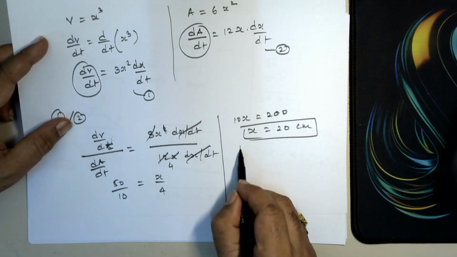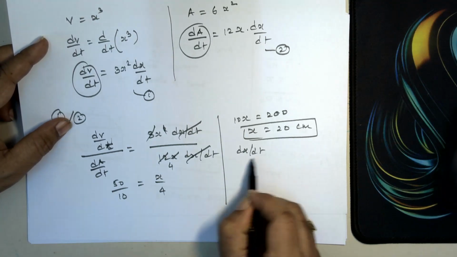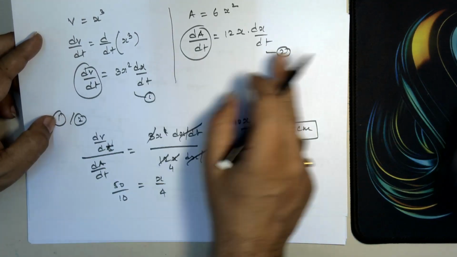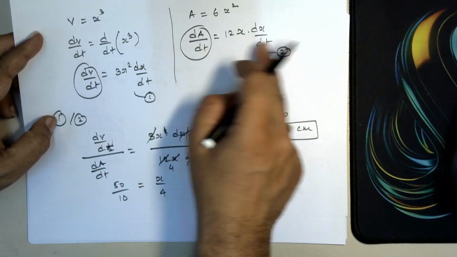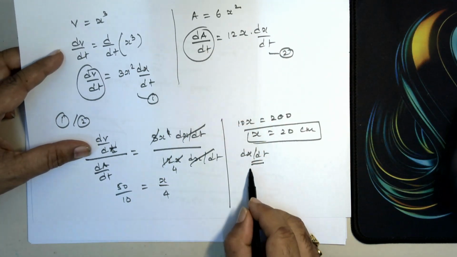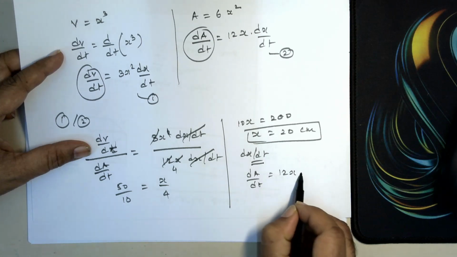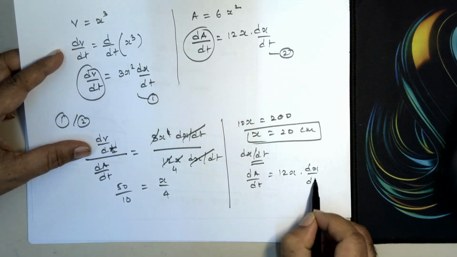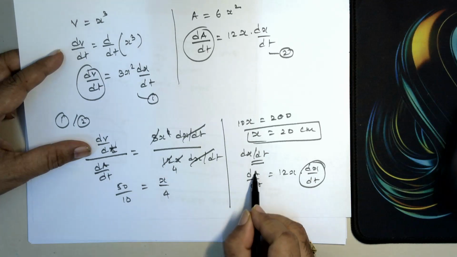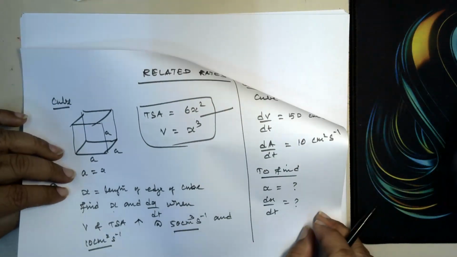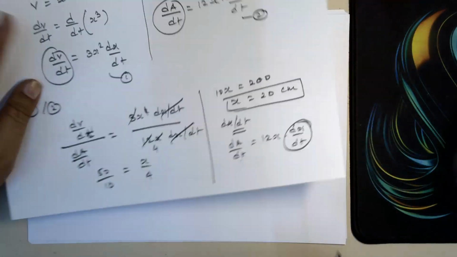Now we need to find out dx by dt. Okay, so you can put in any of the equations, but you can put here. Let us take dA by dt. That is equal to 12x into dx by dt. So our idea is to find out this one. So dA by dt is already 10 centimeter square per second.